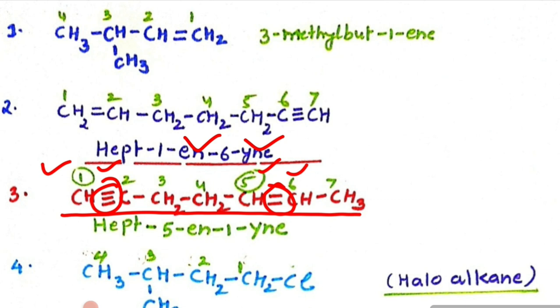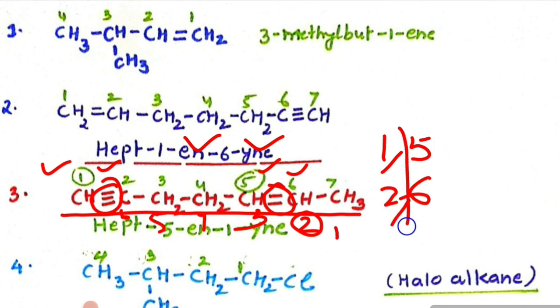It means the locants are 1 and 5. When we move from right towards left, 1, 2, 3, 4, 5 and 6, it means the locants are 2 and 6. And here we get the first point of difference.